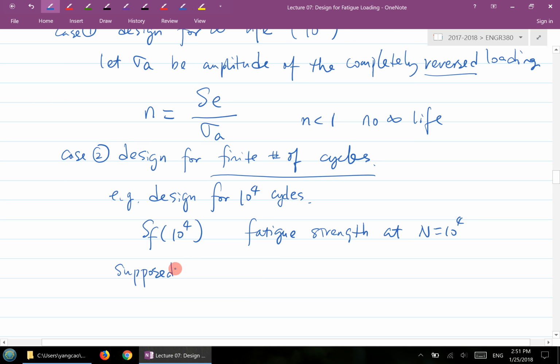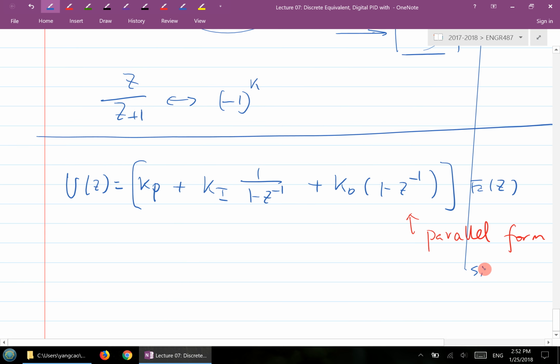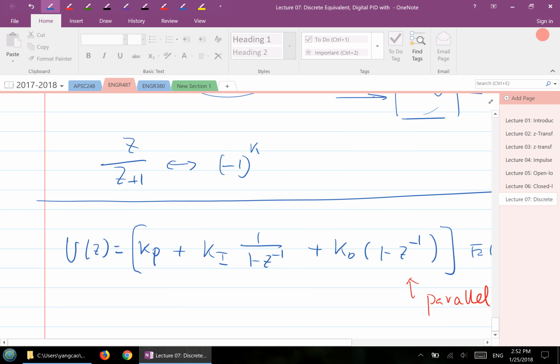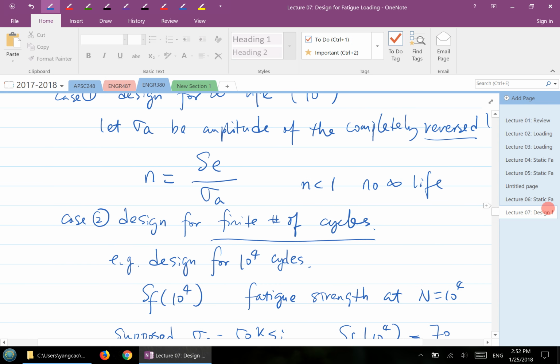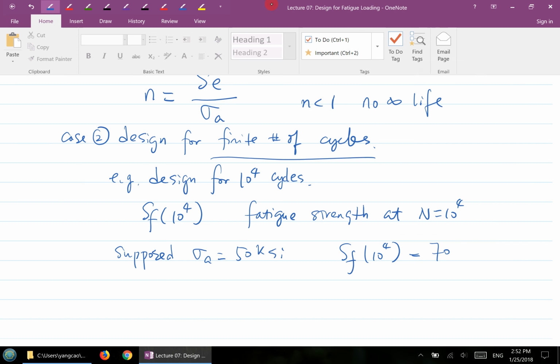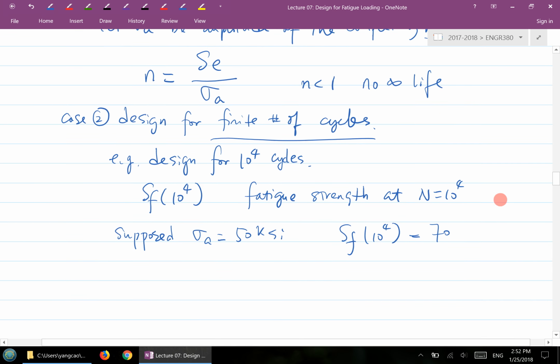And second, let's just suppose your amplitude here is actually 50 ksi. So you apply a stress sigma A equal to 50 ksi here, and your fatigue strength, if you look at the table, let's say is 70 ksi here.